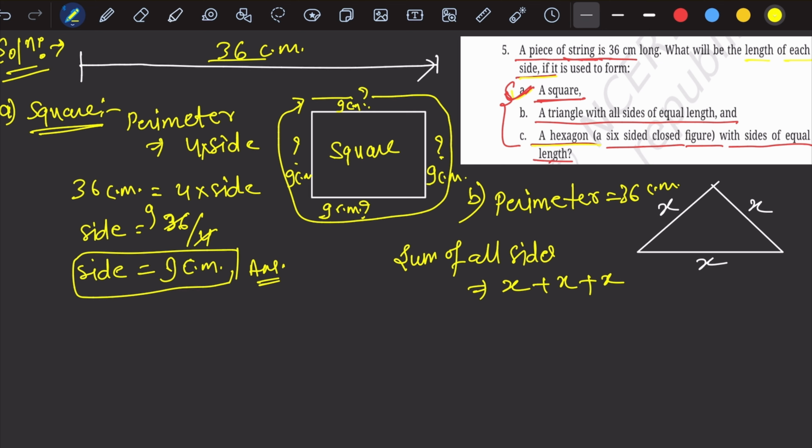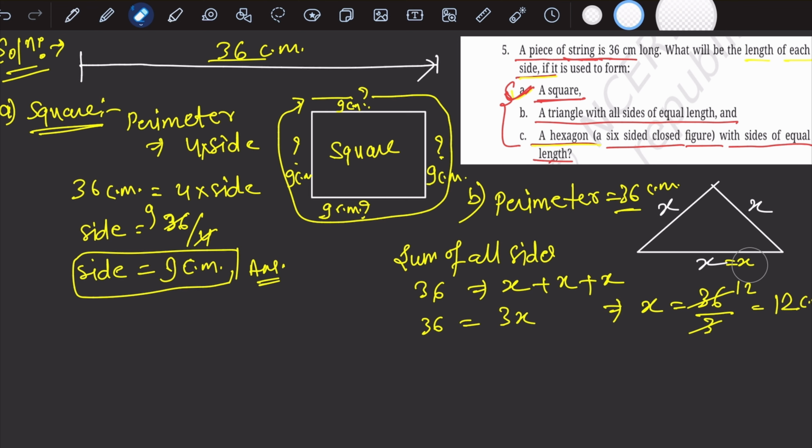The sum of all sides is 36 centimeters, so 36 equals 3x. What will be the value of x? x equals 36 by 3, 3 ones are 3, 3 twos are 6, so 12 centimeter will be the value of x.